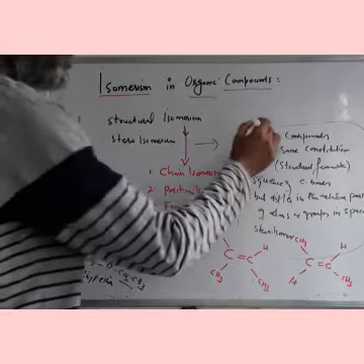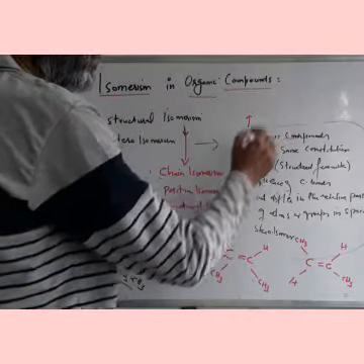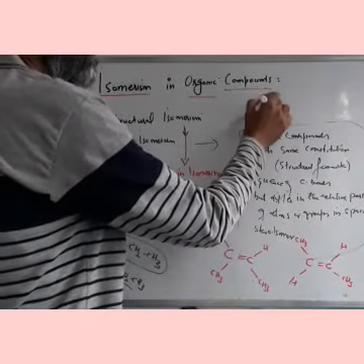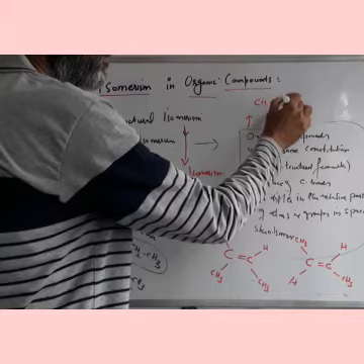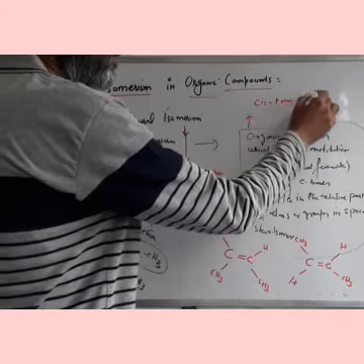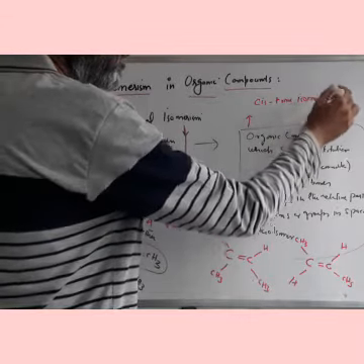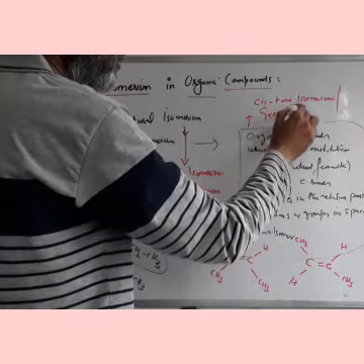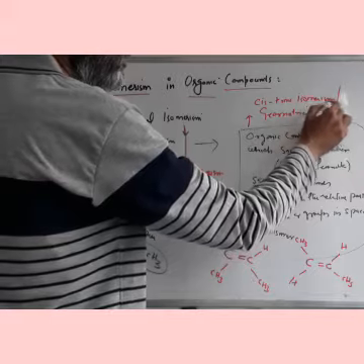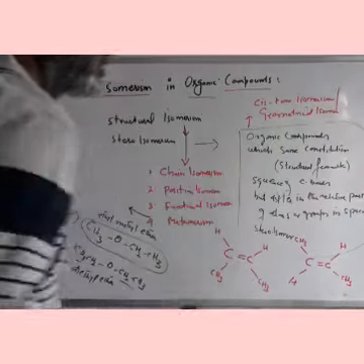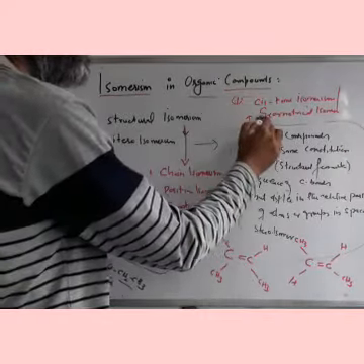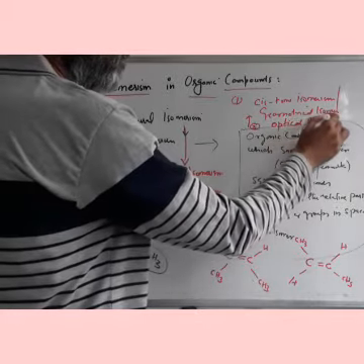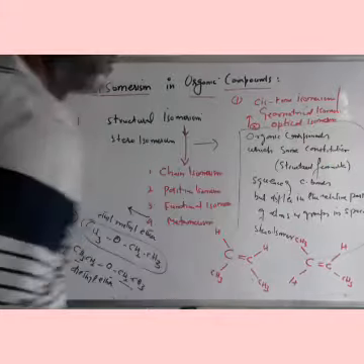So we have two types of this isomerism. Number one is cis-trans isomerism, also called geometrical isomerism. This is a type of stereoisomerism. Number two is optical isomerism.